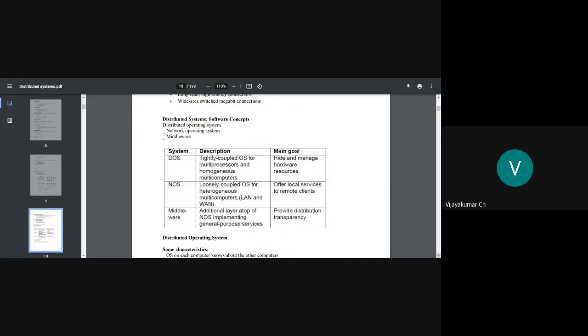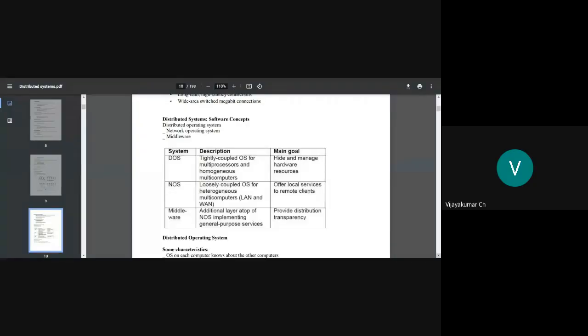If you take NOS, this is also a system. It is a loosely coupled OS for heterogeneous multicomputers. Here we are using the networks LAN and WAN. Its main goal is to offer local services to remote clients. What is middleware?